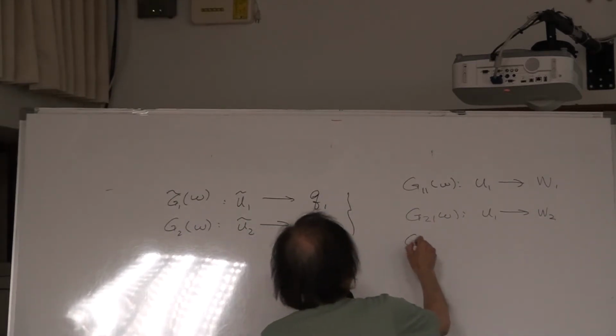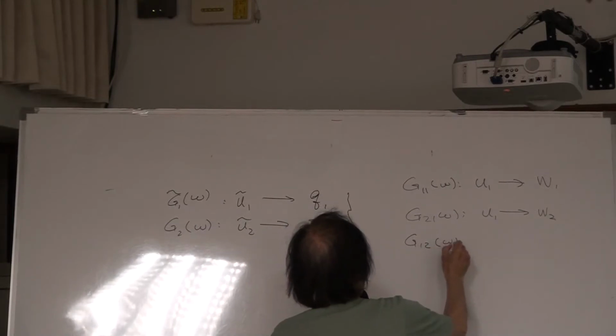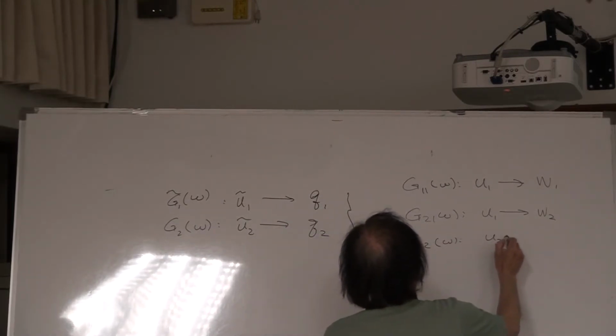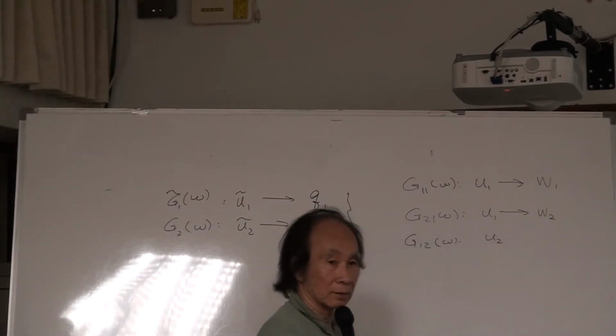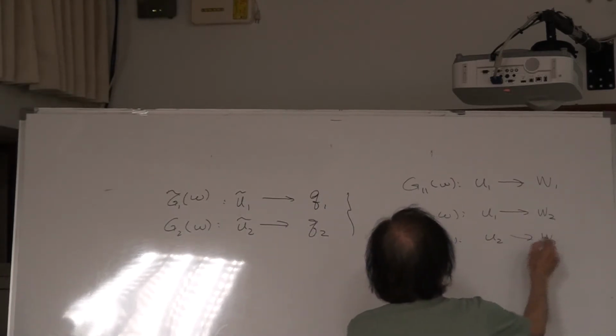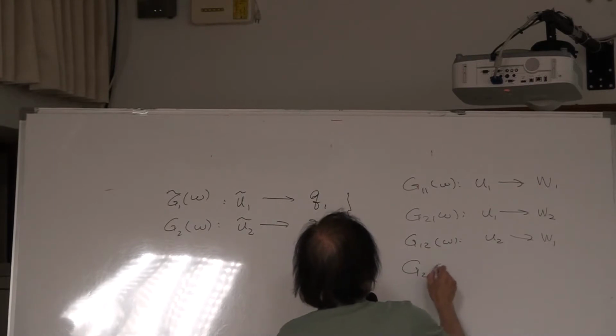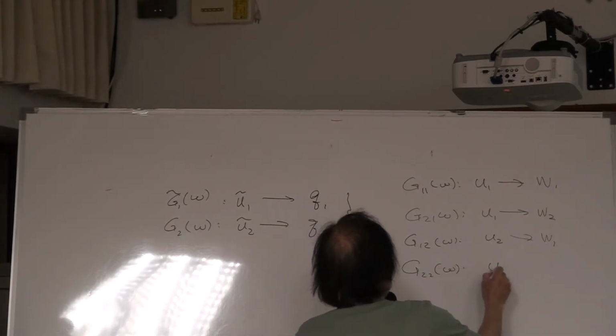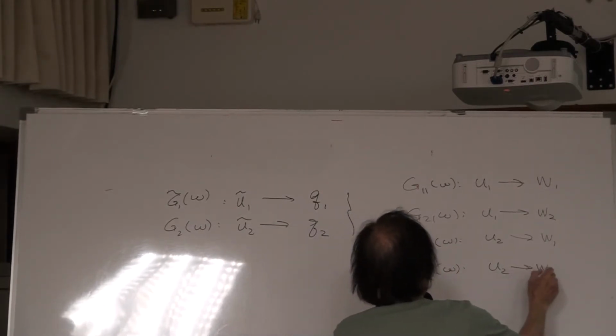We have G12 omega is from U2 to W1. Then we have G22 omega is from U2 to W2, right?